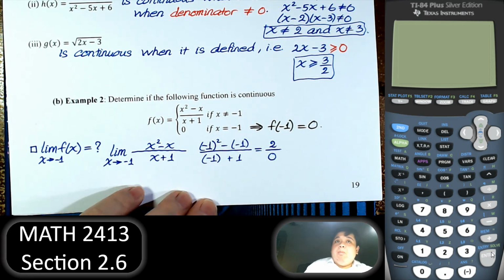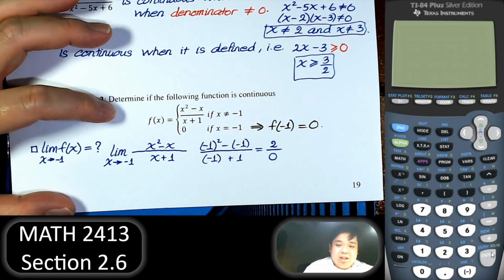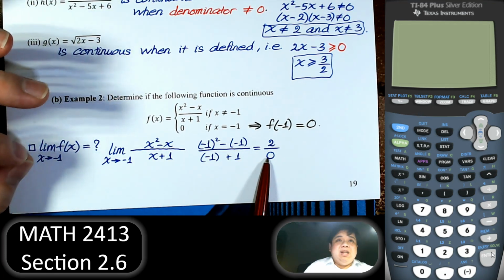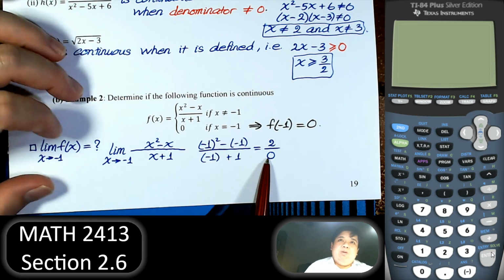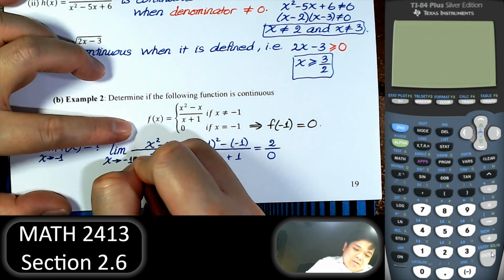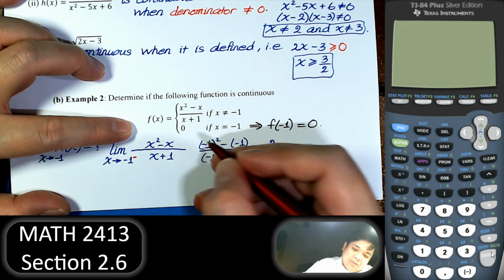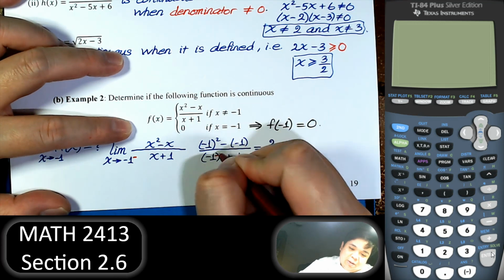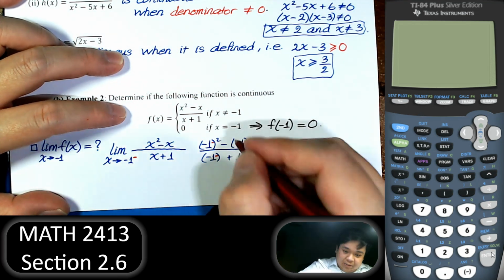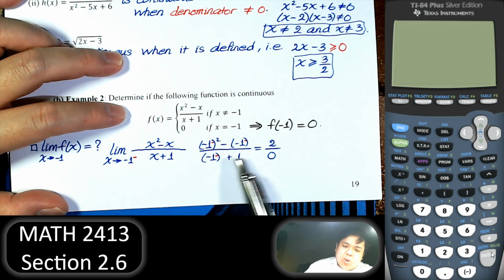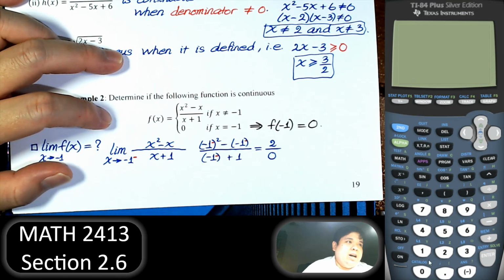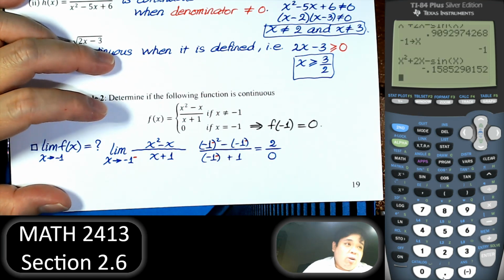But more precisely, when we see something like this, we have to specify if it is 0 from the left or 0 from the right. So let's say it is from the left side.